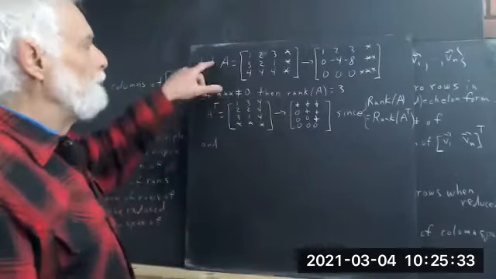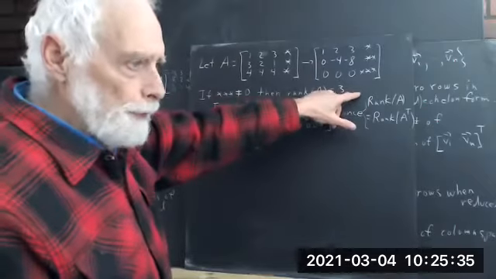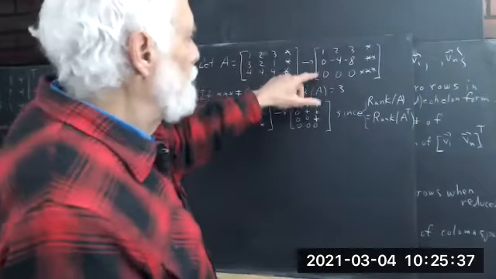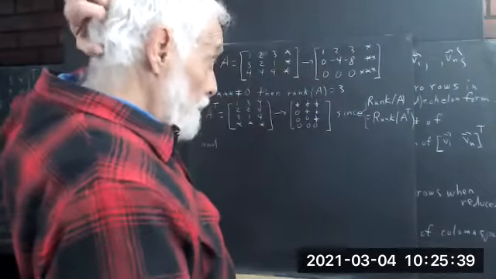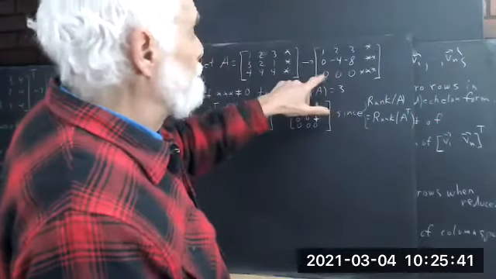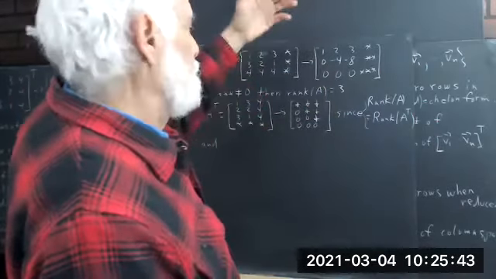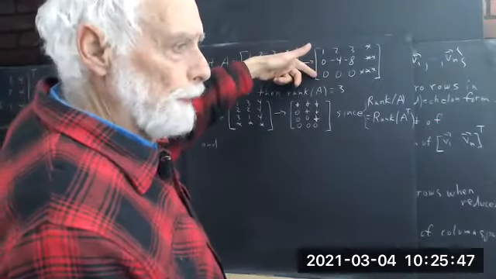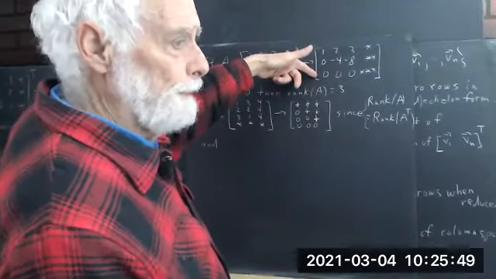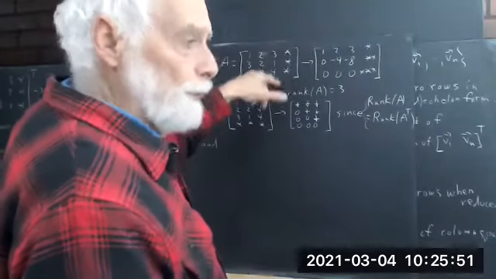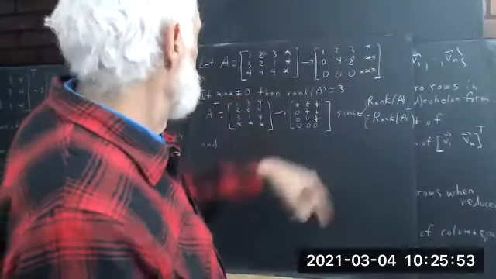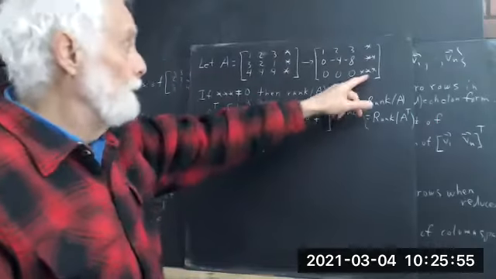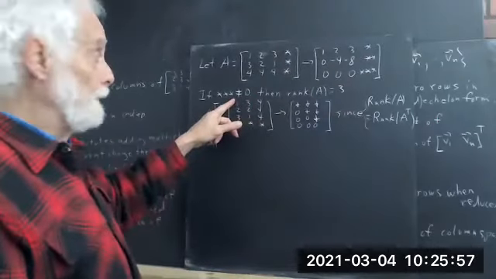Go back again. Okay, so we reduce this matrix and we find that we're going to get this form where none of the three rows is all zeros, usually. So assuming that none of three rows are all zeros, that means this thing doesn't come out to 0.